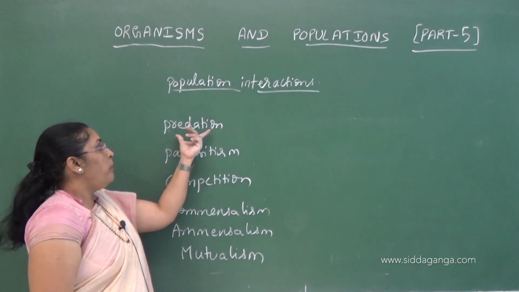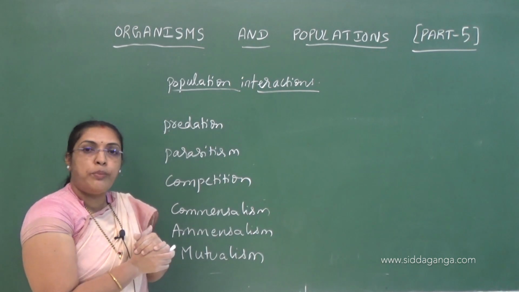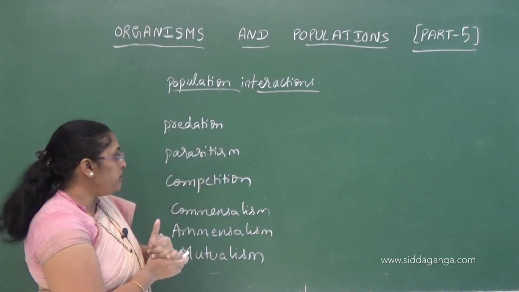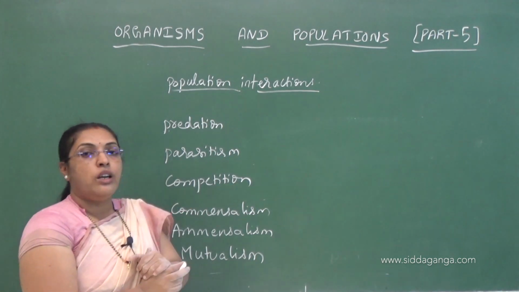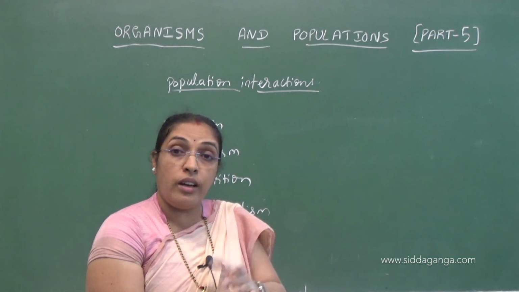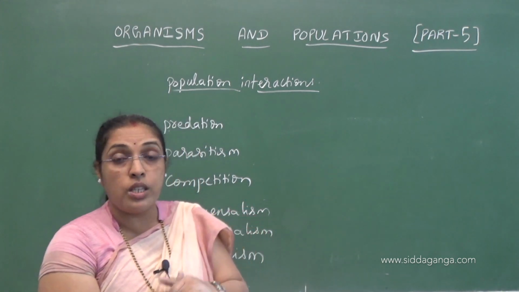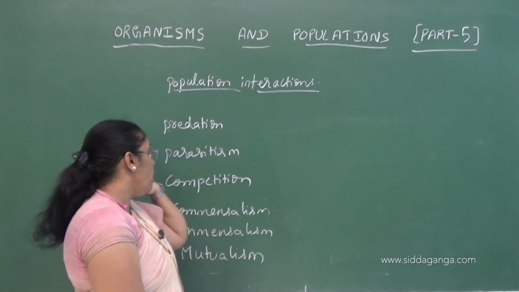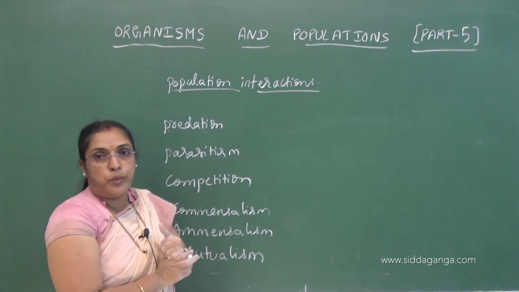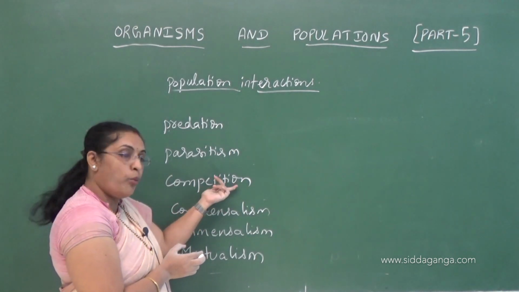In predation and parasitism, one species is going to be benefited, the other is going to be harmed or killed. Competition may be seen between the same species or between different species for the same resources. In this, both species are harmed during competition.